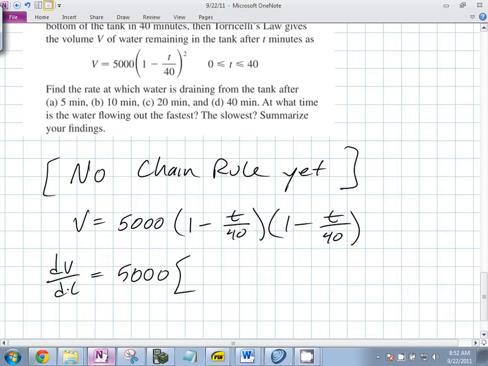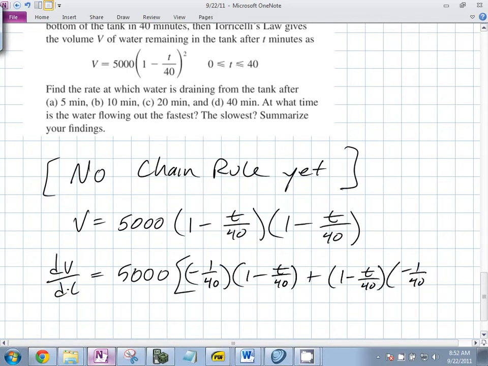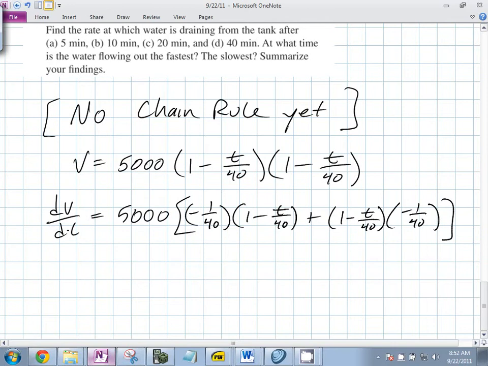We're using the product rule now. Close. Negative 1 over 40. The derivative of the first times the second plus the first times the derivative of the second. What's the derivative of the second? Negative 1 over 40. What can we factor out of the middle? Negative 1 over 40. So you end up with negative 5,000 over 40 times 1 minus t over 40 plus 1 minus t over 40.